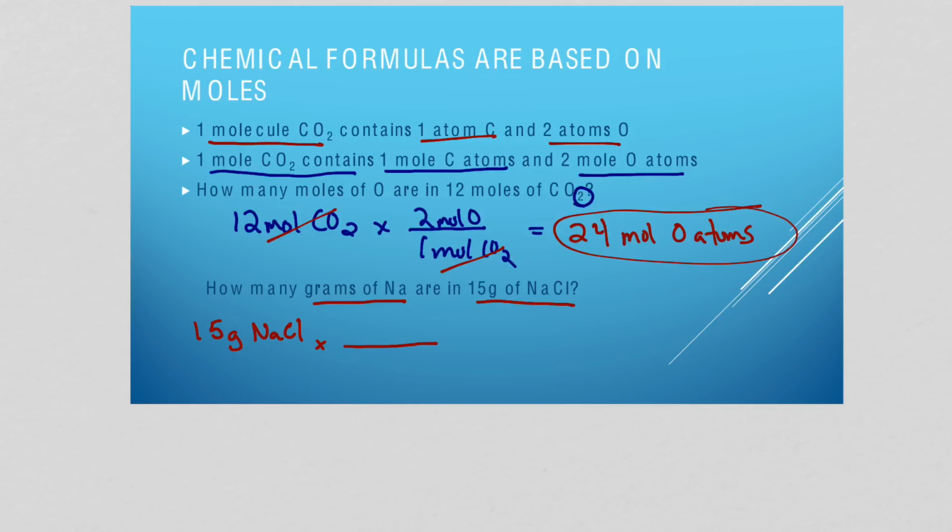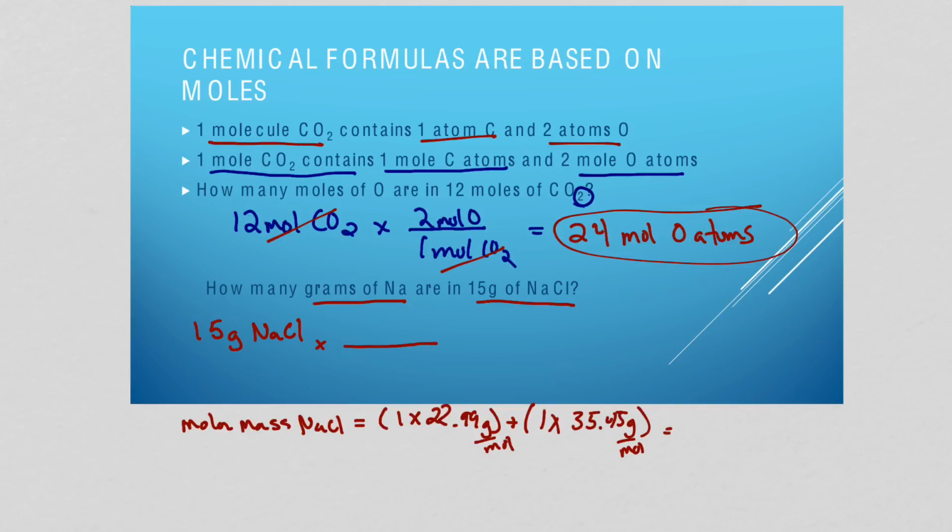So if I do the molar mass, the molar mass of NaCl equals 1 times the mass of sodium, 22.99 grams, plus 1 times the mass of chlorine, 35.45 grams, per mole.